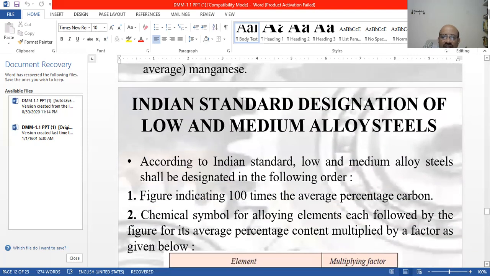So, Indian standard designation. We are having a subtopic, BS steels, which I discussed with two examples.